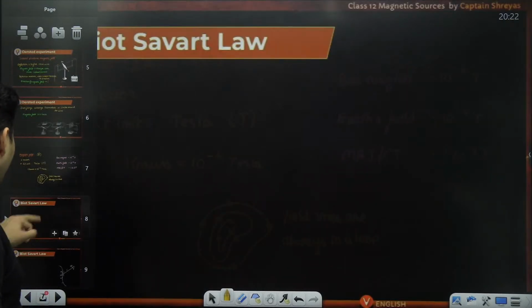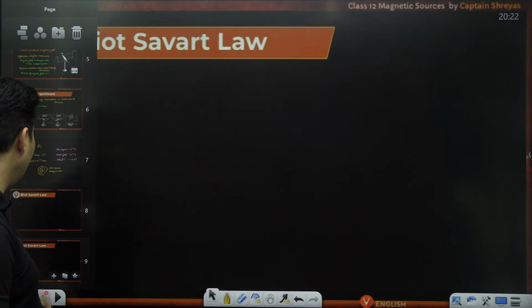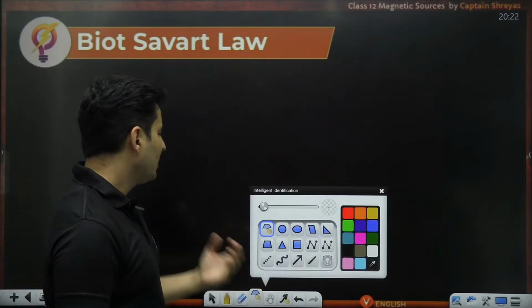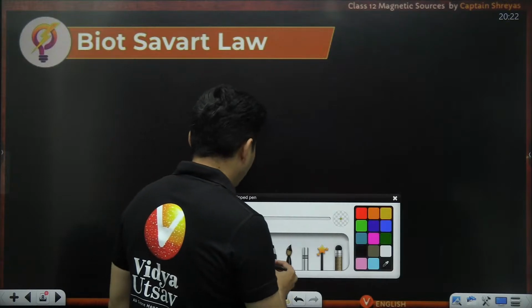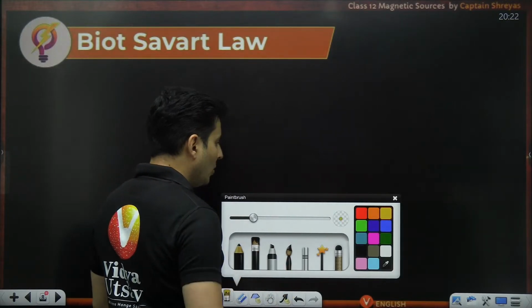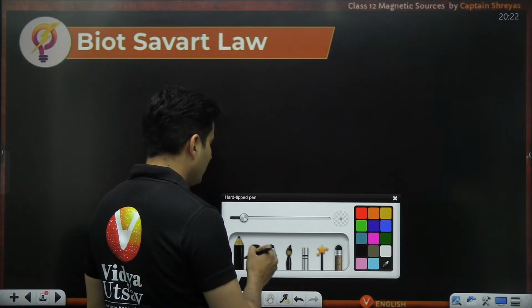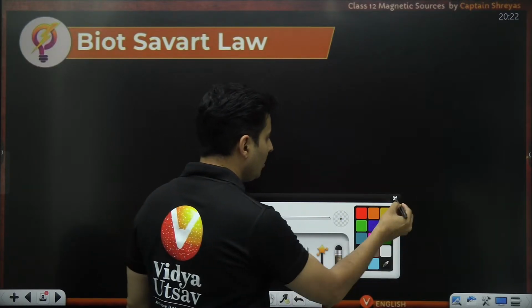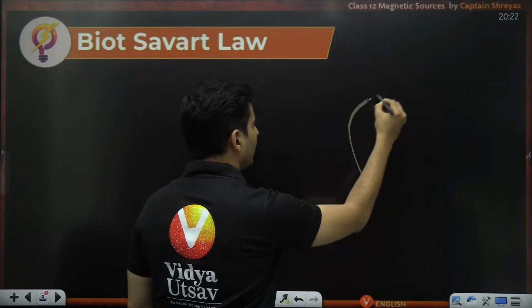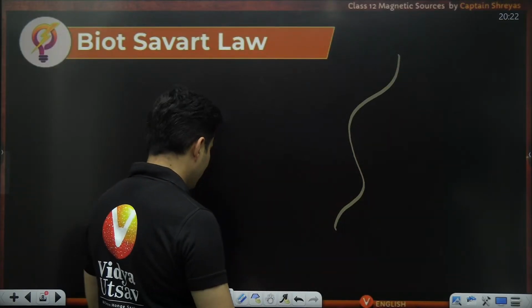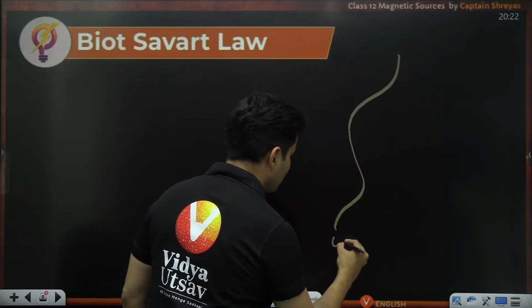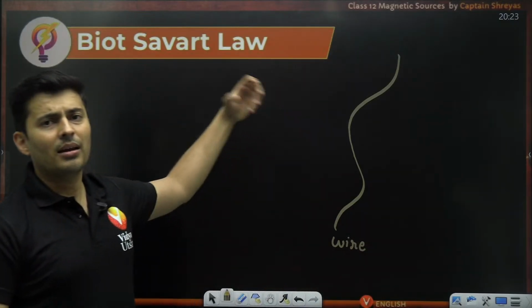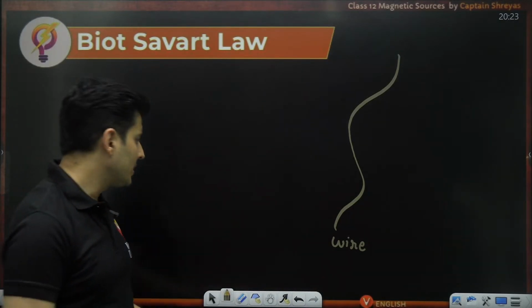Now let's talk about how do we calculate this magnetic field using our Biot-Savart law. So what does it say? See, you have a wire, let's say like this, carrying some current. You want to find, due to this wire, how much magnetic field is there at a location.